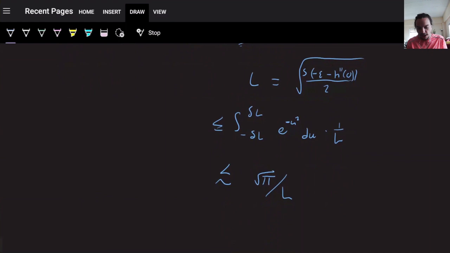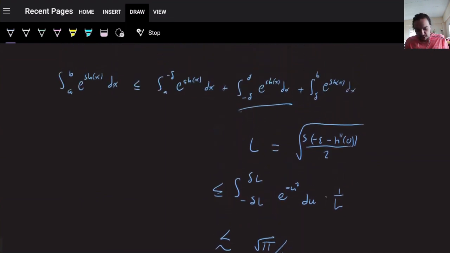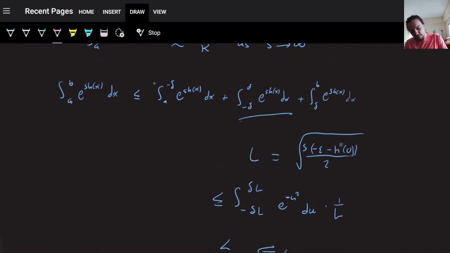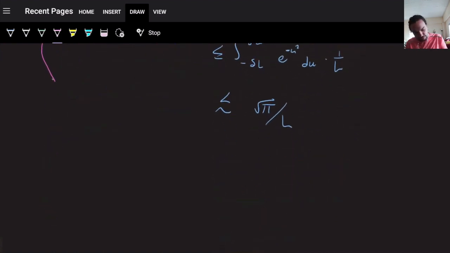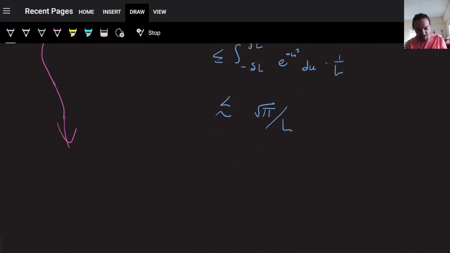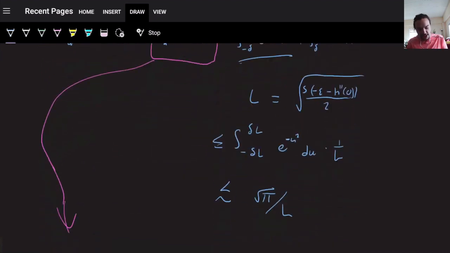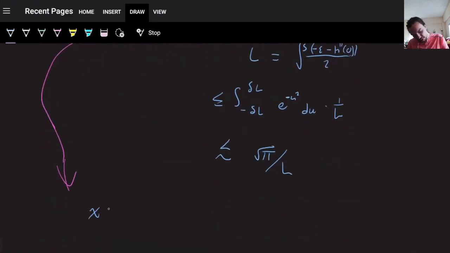And now we need to deal with the extra terms. So let's deal with the lower one. And the upper one's going to be exactly the same. So we want to show that these things go to 0. This is going to make sense because when x is bigger than delta, h of x is going to be smaller than the max, right?